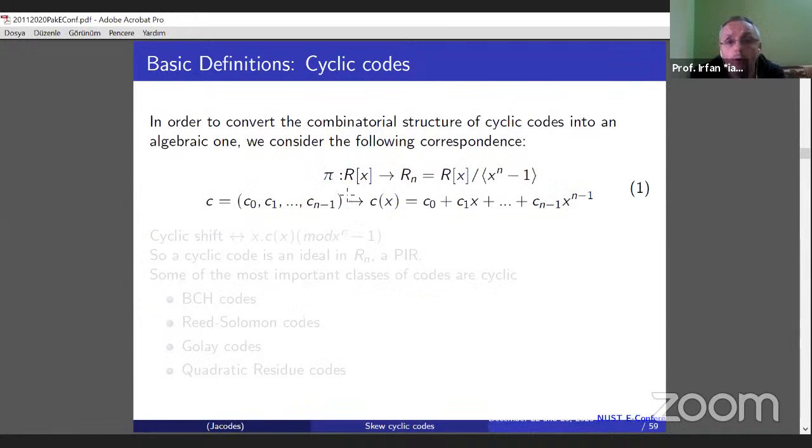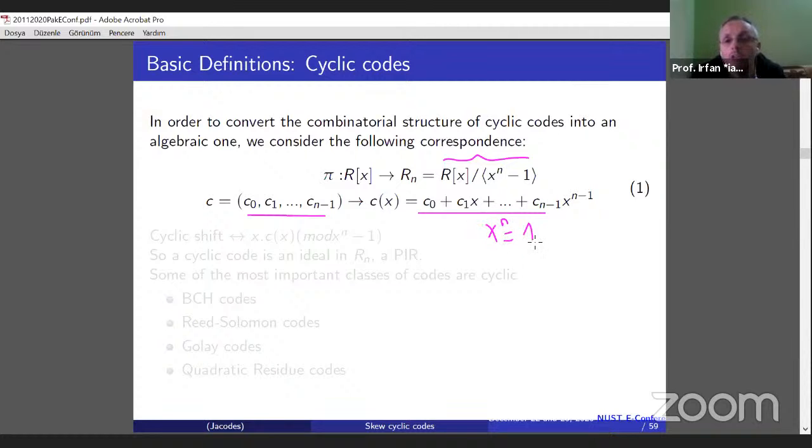So if you have a code word or space which is closed under the right cyclic shift, algebraically, this is a quotient ring, a polynomial ring. So we take an n-tuple code word, we map it to a polynomial. With respect to multiplication, being right cyclic shift, it means when you multiply by x, x to the n becomes 1.